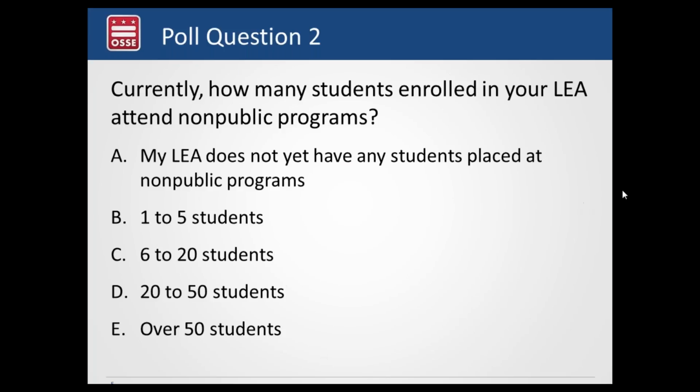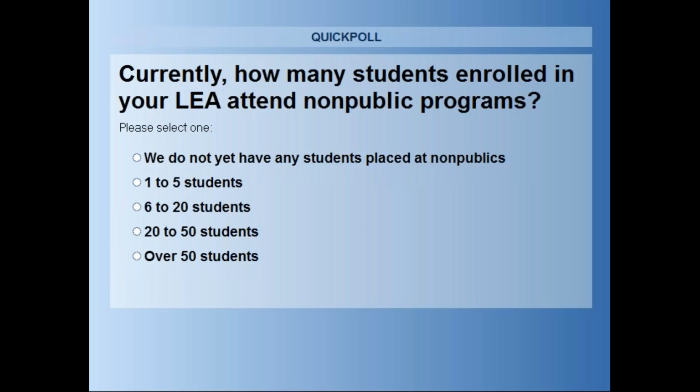The next poll question that I would like to ask you, in particular for our topic today, if you could make your best guess if you don't know exactly the answer: how many students enrolled in your LEA are currently attending a non-public program?